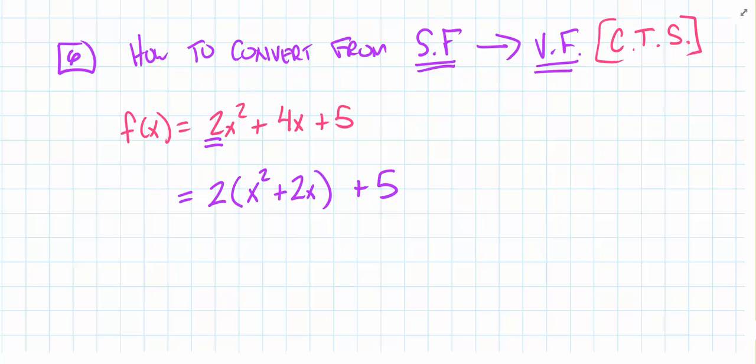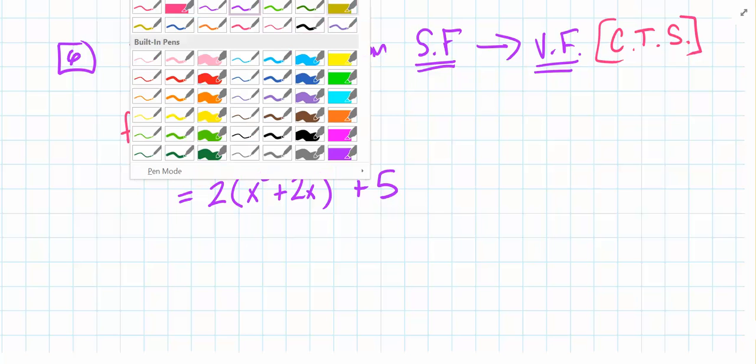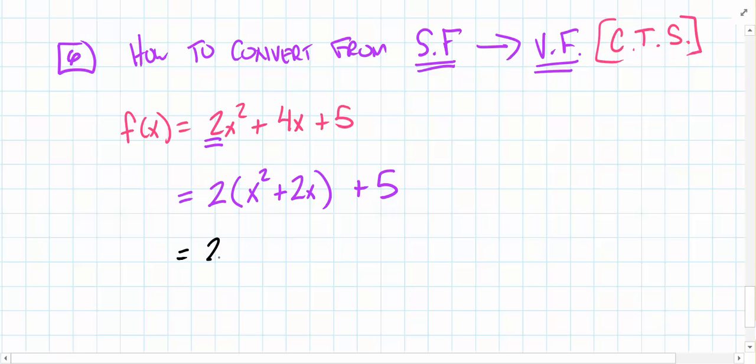Here's how it works. We're going to go 2 times x squared plus 2x, and I'm going to add a number to this. I don't know what that number is yet, but I'm going to add a number to it.